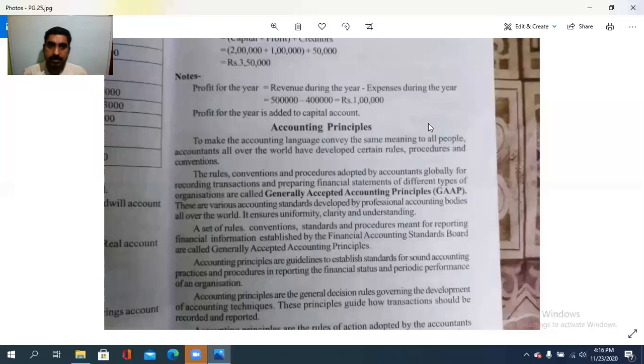So next part is the accounting principle. As you are aware, for everything there should be some principle; accounting also needs to be based on the guidelines given by these principles.